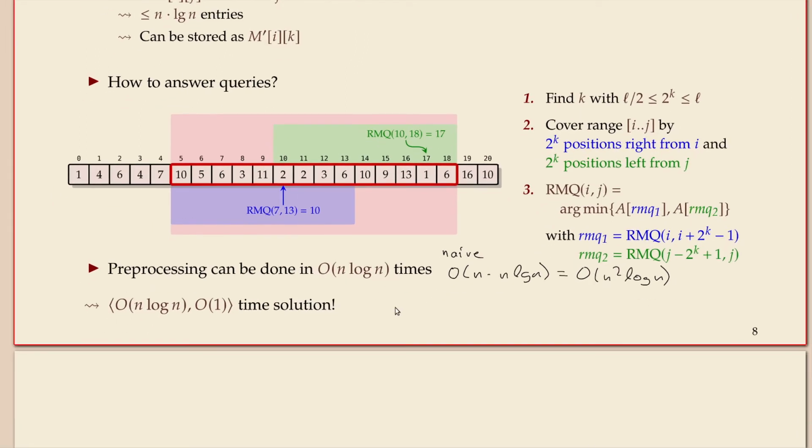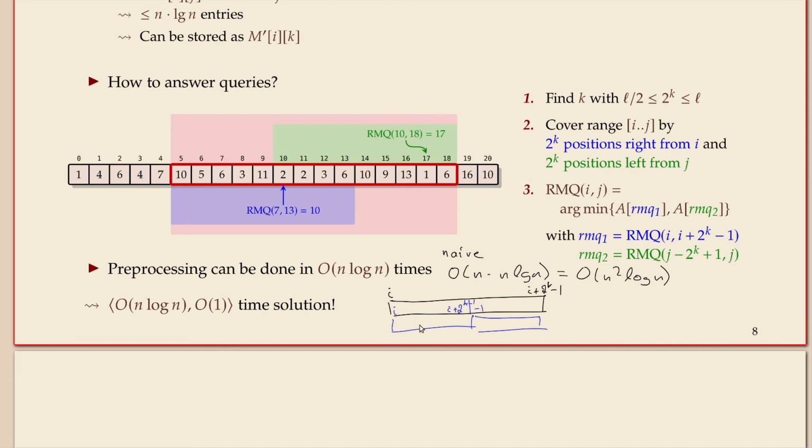But we can do it smarter by exploiting again the recursive structure of range minimum queries. If I have a range i up to i plus 2 to the k, then I can always chop that up into 2 halves. So there's a first half and a second half. And these are actually already computed, because this one goes from i to i plus 2 to the k minus 1 minus 1.